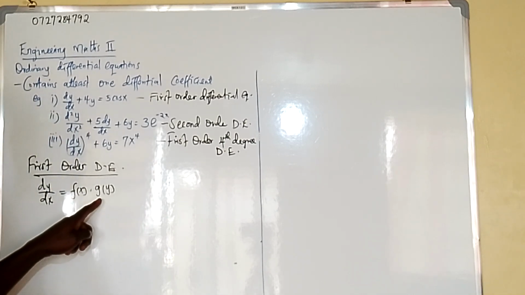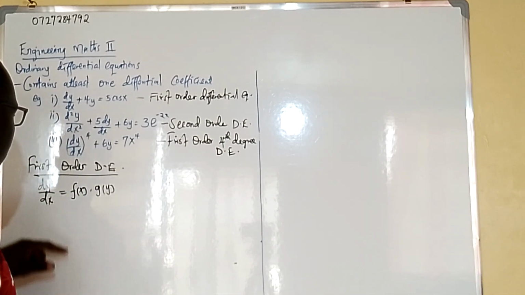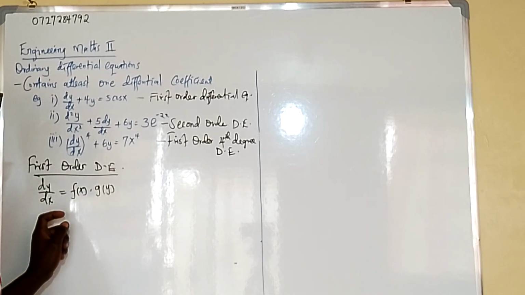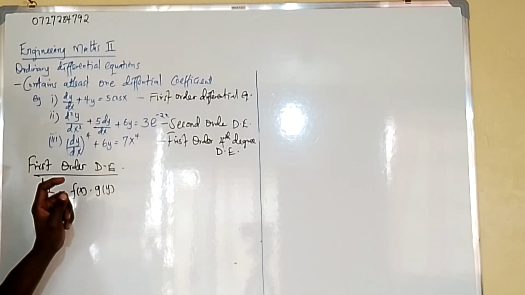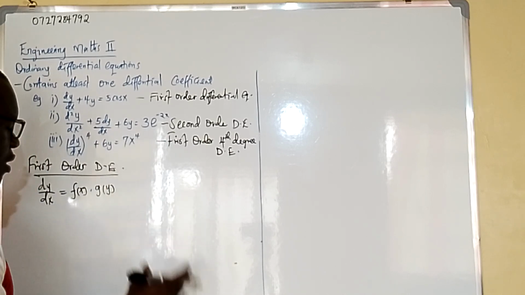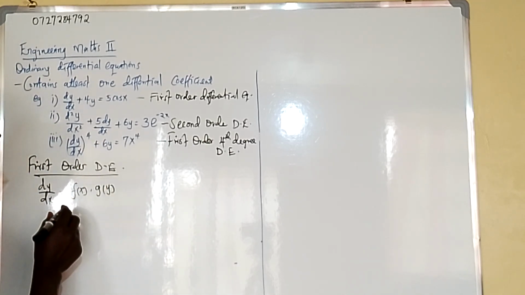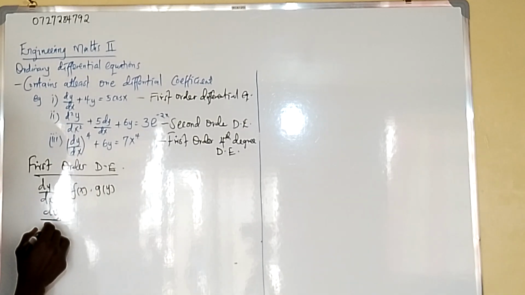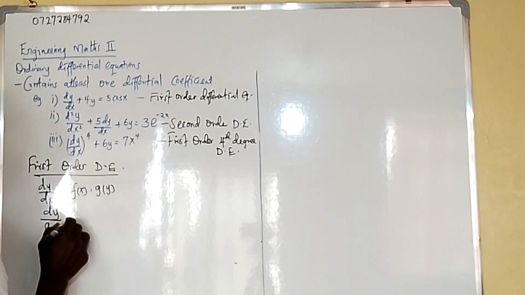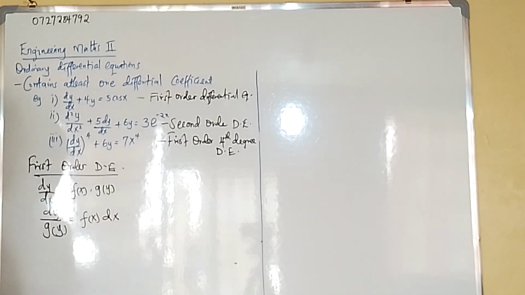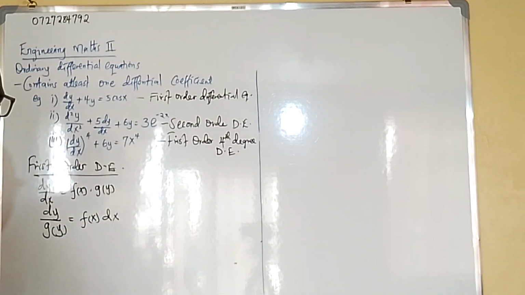And then here, just by collecting the like terms, so that all functions that have x be on one side of the equal sign, and the ones that have function of y be on the other side, just to balance the equation, we'll come up with dy/g(y), function of y, is equal to function of x with respect to x, f(x) dx. And this becomes the solution of this.